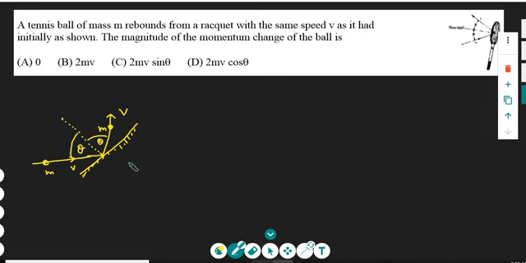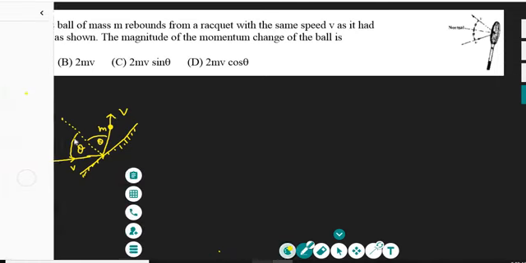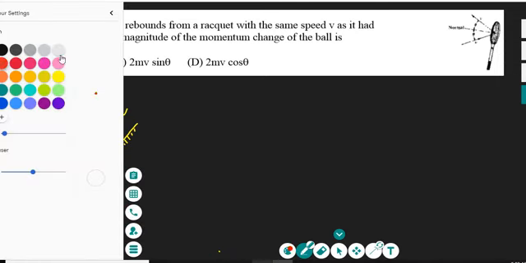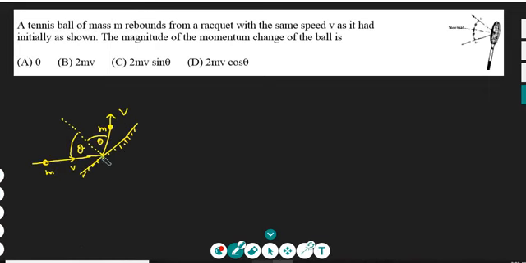Now what we are trying to do is find the change in the linear momentum. Since we are dealing with a vector quantity, the best way is to define our coordinate system. So I'll define the coordinate system like this.